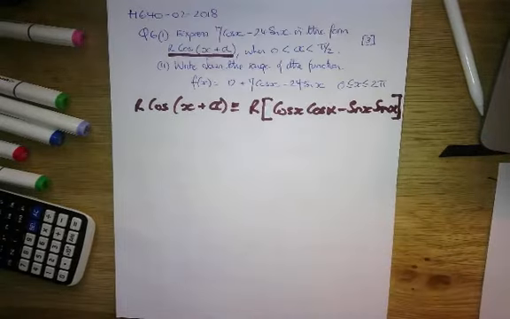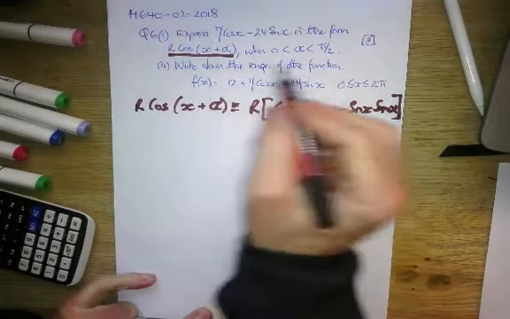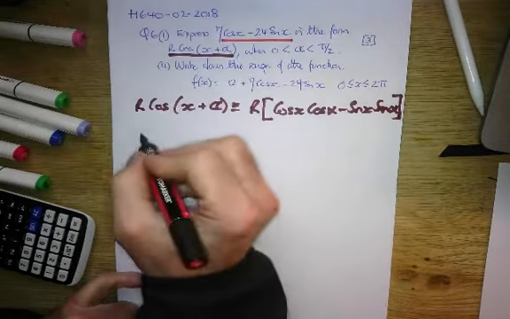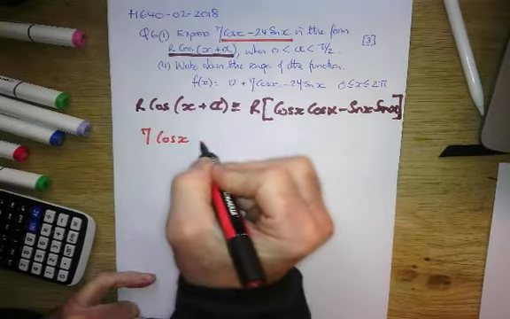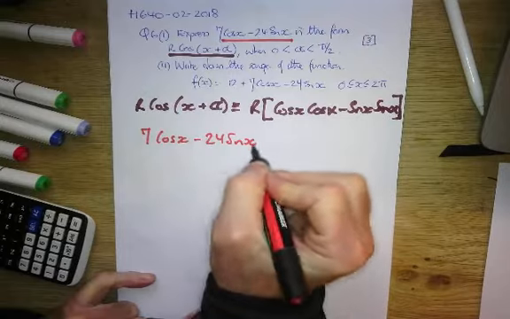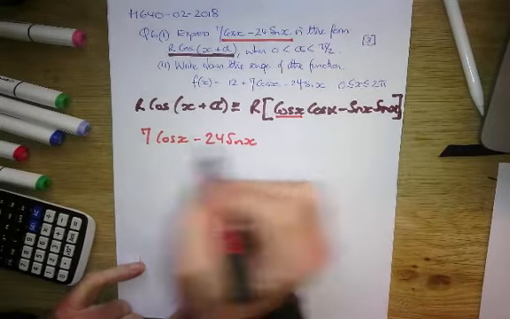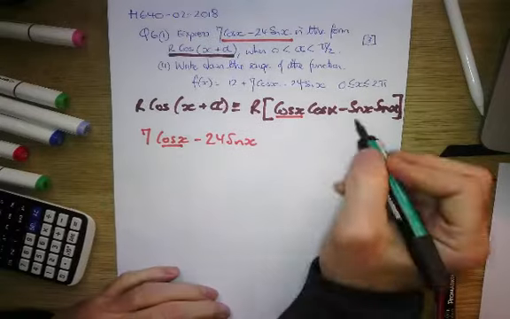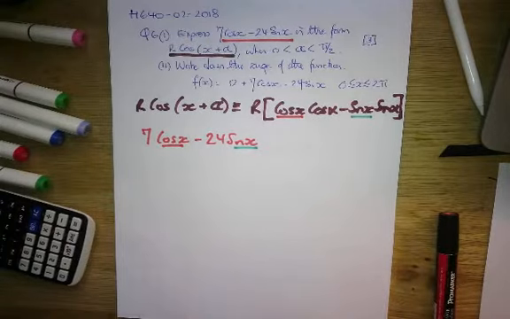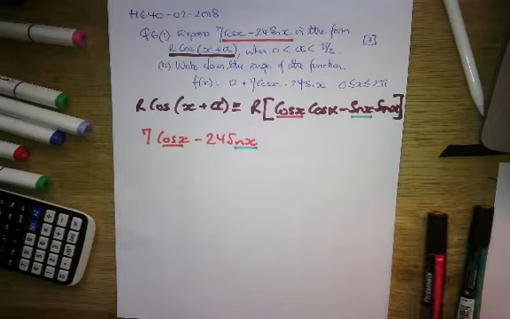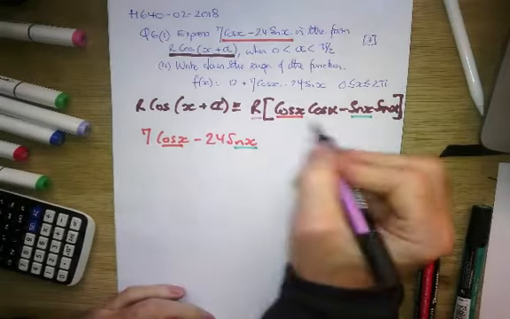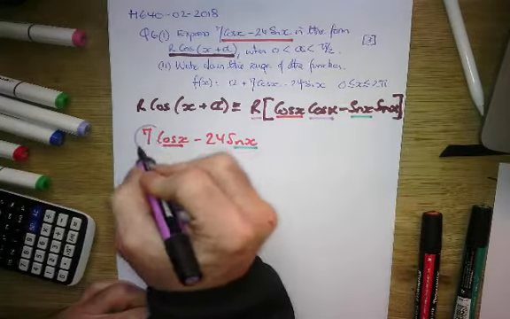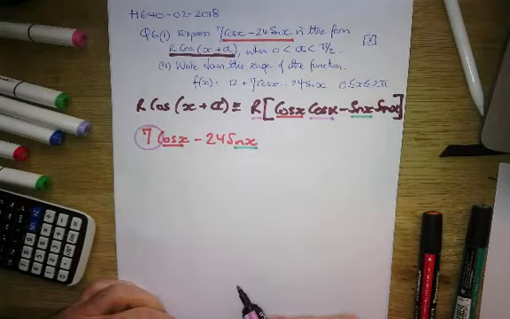So now you need to say, well, actually, there's a connection here, because the question says I've got 7 cos x minus 24 sine x. What I see is I've got a cos here, and let's show you where the sine is. Now that means r cos alpha must equal 7.